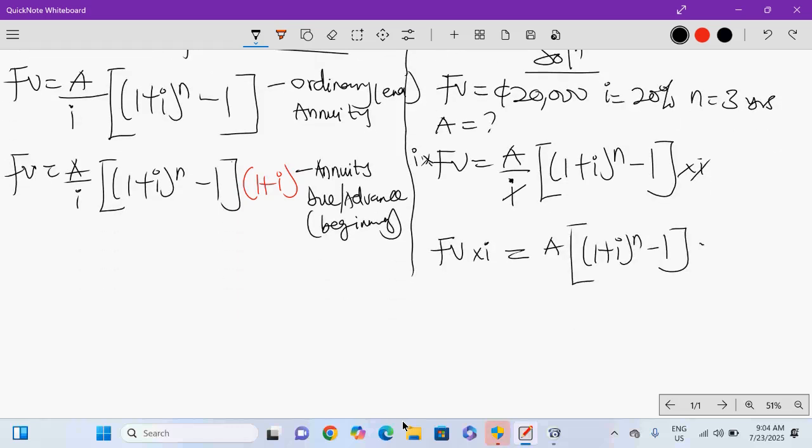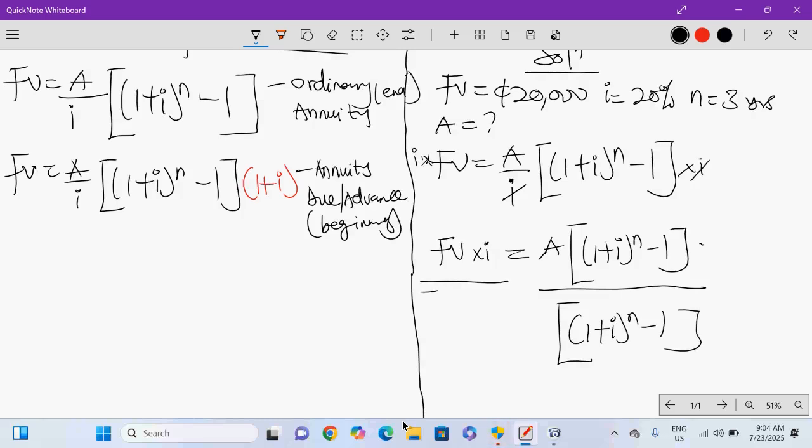So we have something like this. To make A the subject, you are going to divide both sides by bracket 1 plus I exponent n minus 1. So this will cancel this.